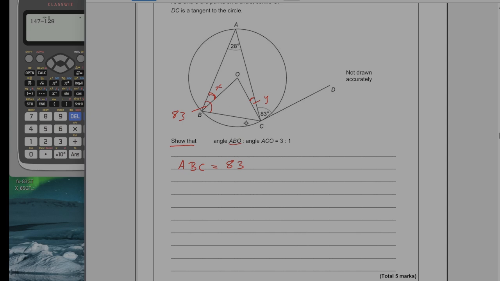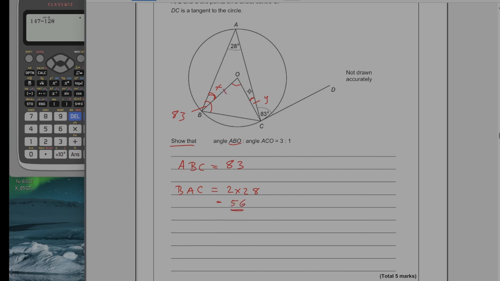We are also going to work out this angle here. We'll do that in a moment though. We can say that BAC is going to be equal to 2 times 28, because the angle at the center is twice the angle at the circumference, so that's going to be 56.